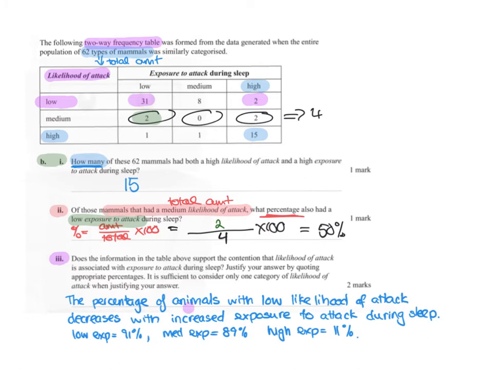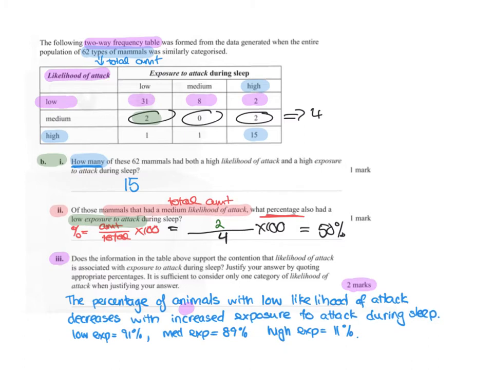So the percentage of animals with low likelihood of attack decreases with increased exposure to attack during sleep. So that's what I've just highlighted there. See how it decreases? But you have to put a stat. See how it's 2 marks? I've said the answer: yes, it does, because I can see that it reduces in that category, but I need to put a stat.